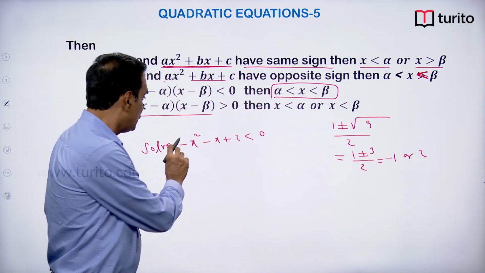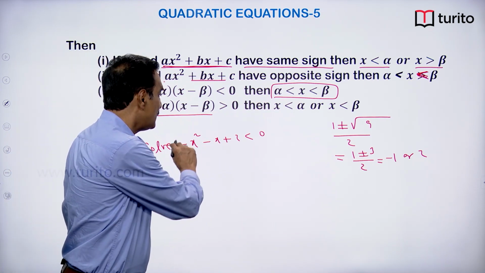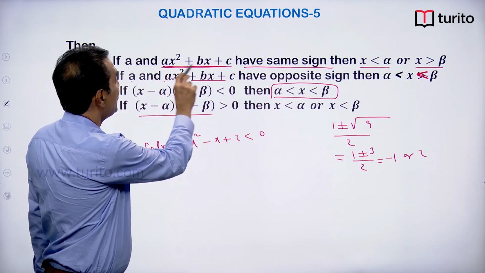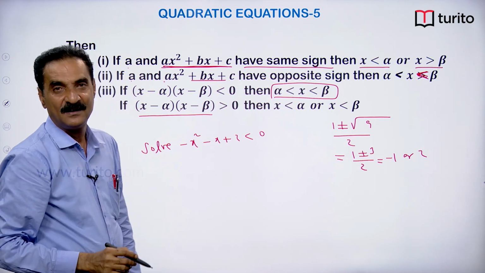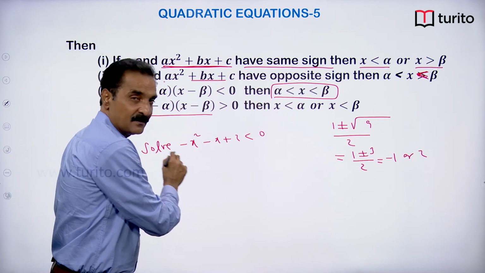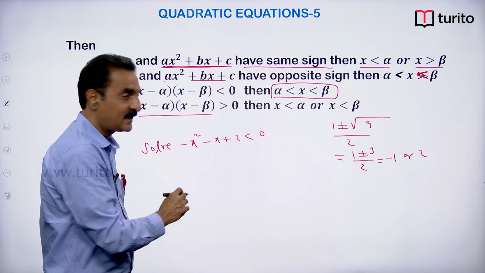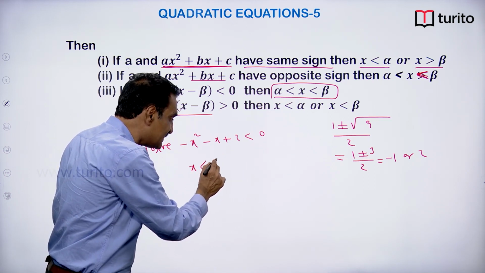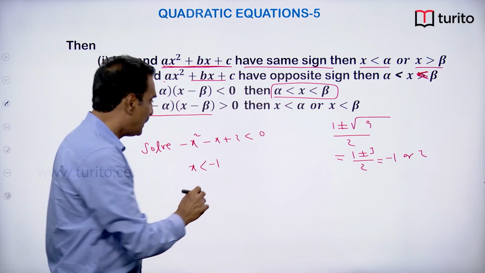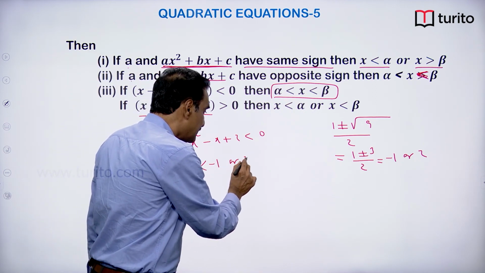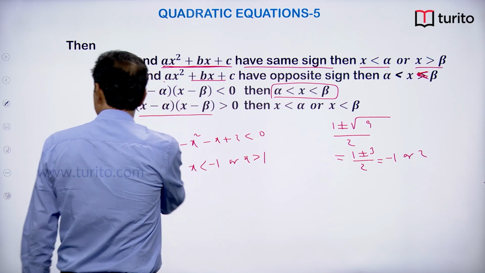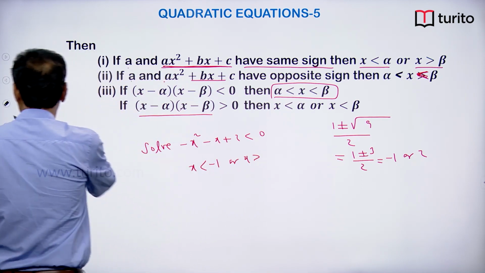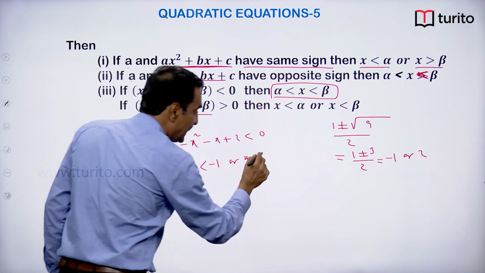Now, the x square coefficient is negative, and the expression is also negative. So, a and the expression have the same sign. Then what is the solution of x? You will write x is less than alpha, the smaller root, minus 1, or x is greater than 2.